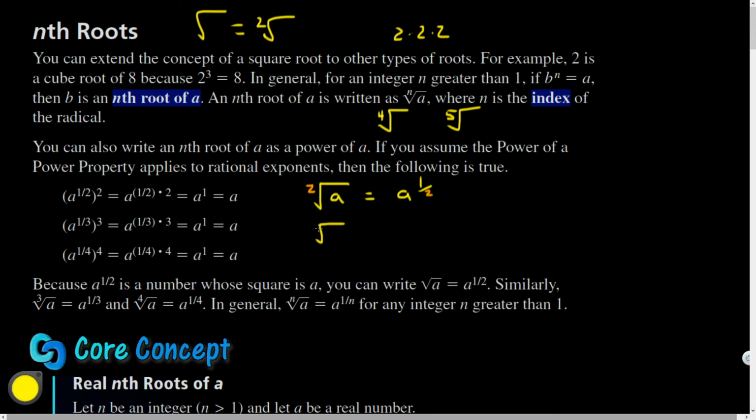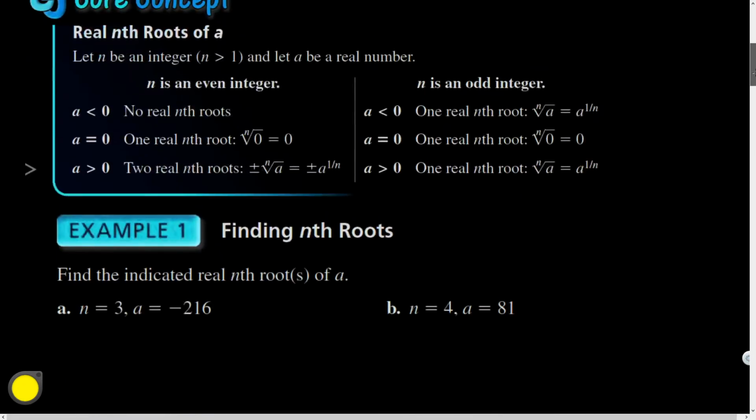A cube root of a number is the same as a to the 1/3 power. And so it turns out, in general, the nth root of a is equal to a to the 1/n. Excellent.